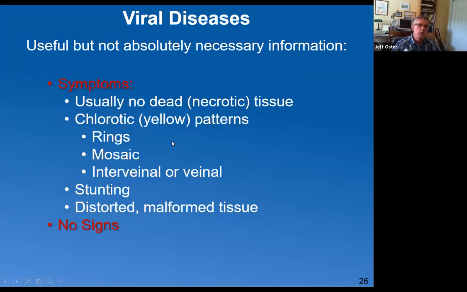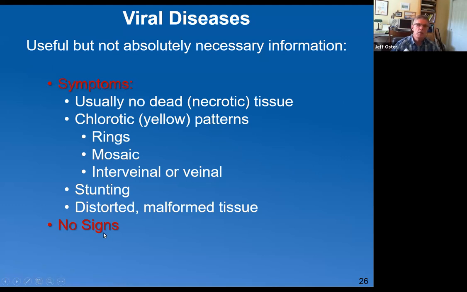Viral diseases, symptoms, usually there's no dead or necrotic tissue, but there are chlorotic or yellow patterns on the leaves. They may be rings, it may be a mosaic, looks somewhat like a checkerboard, yellow, green, yellow, green, yellow, green. It may be between veins or on the veins, stunting, and distortions.